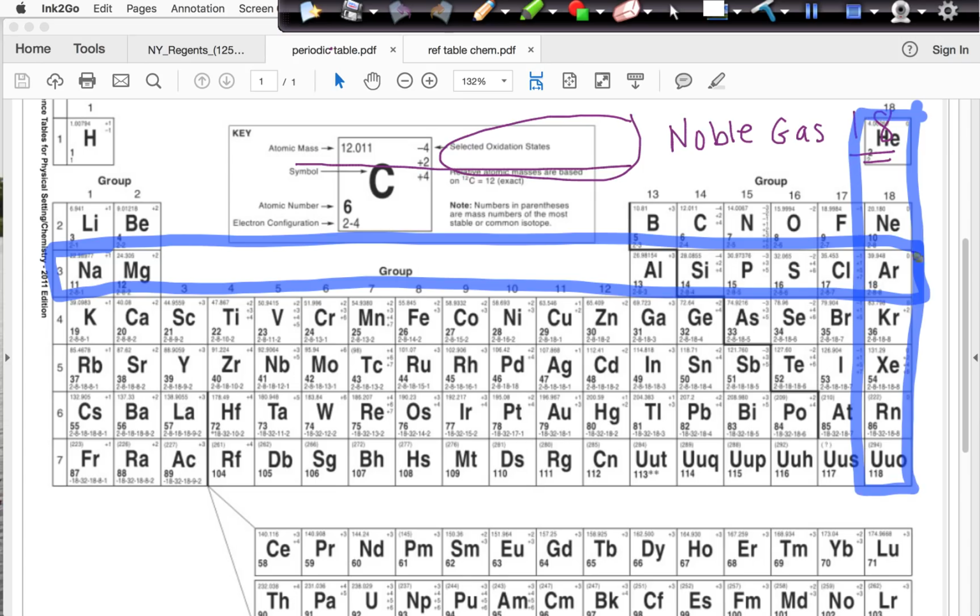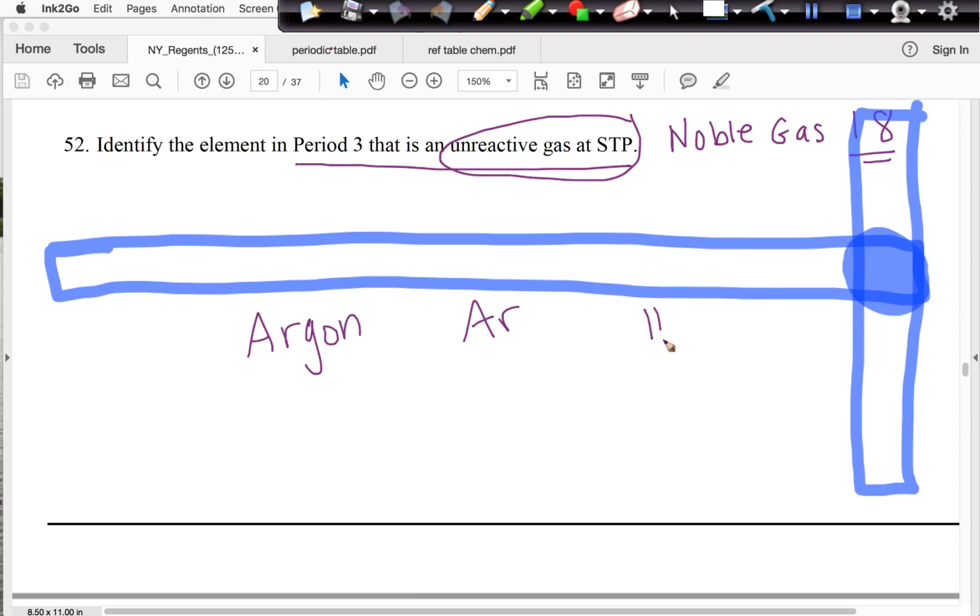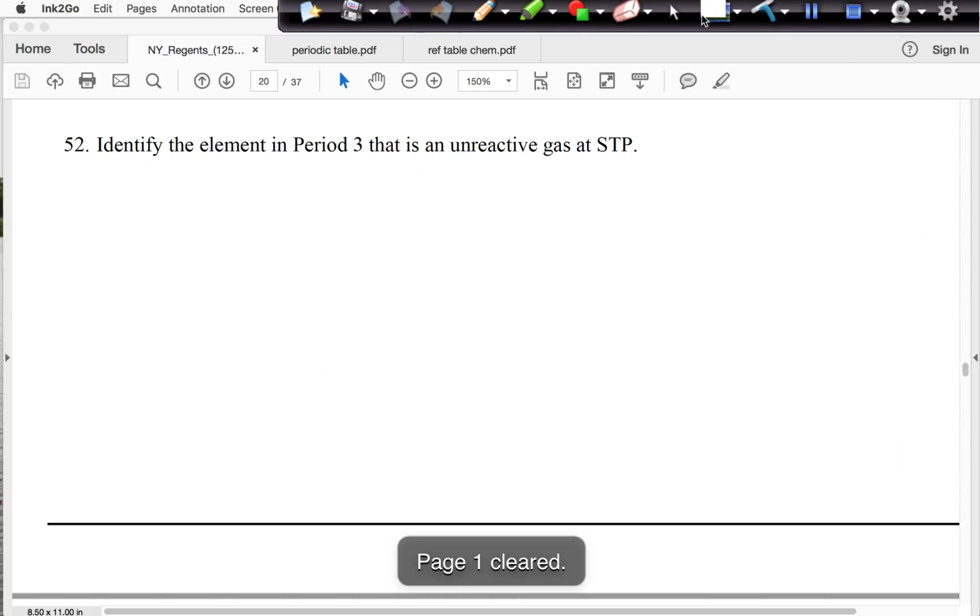So argon is the element that is in group 18 and also in period 3. For this question, you can say argon, you can say element number 18, or you can use the symbol Ar. Any of those ways to identify argon would work to get credit.